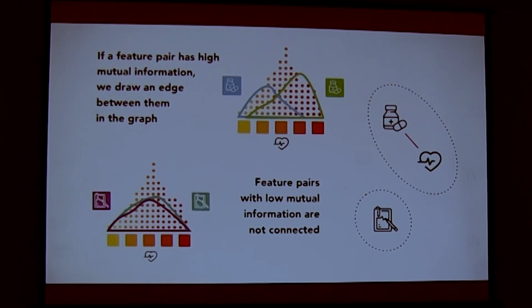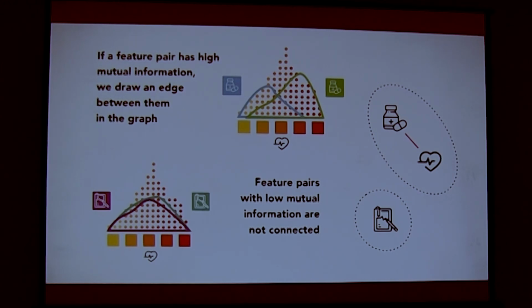So if a feature pair has high mutual information, we would draw an edge between them, similar to what we did with correlation or lift in our examples here. But feature pairs with low mutual information are not connected. So whether or not somebody checked the box for whether or not they went to college doesn't really tell us a whole lot about their heart rate maybe.